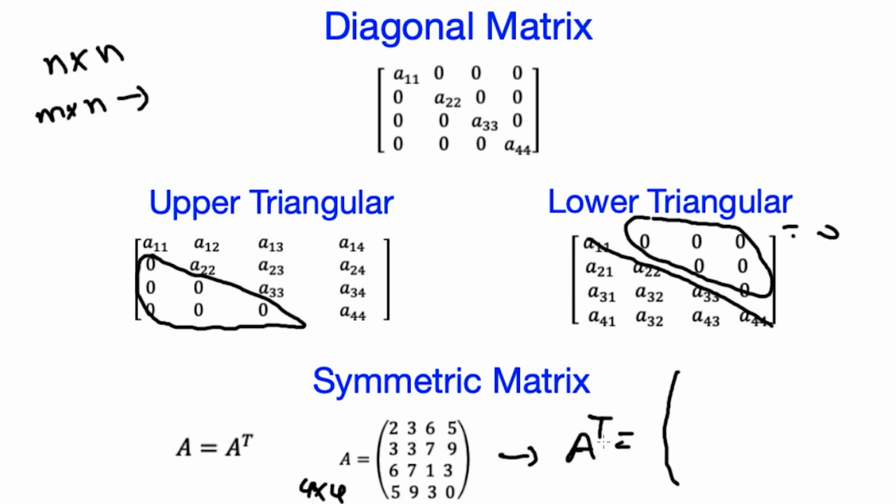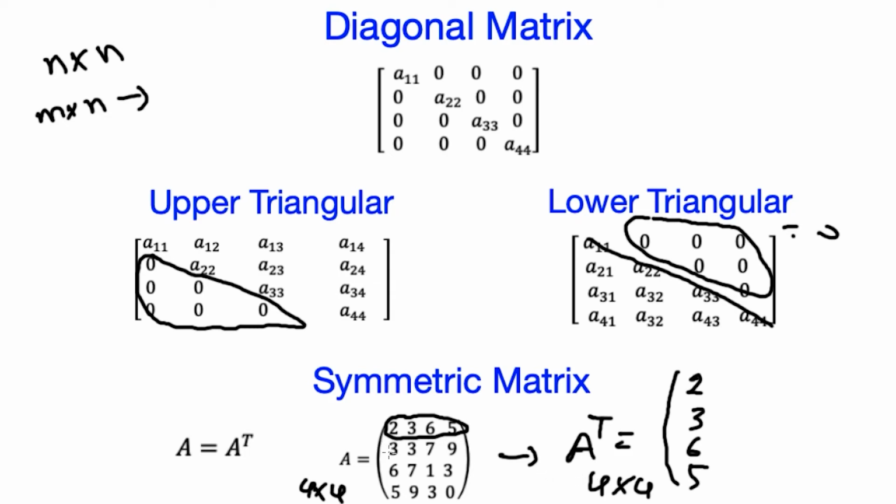So the transpose of this matrix A is a 4 by 4 matrix, where the first column of this matrix will be the first row here. So the first row will be 2, 3, 6, 5.